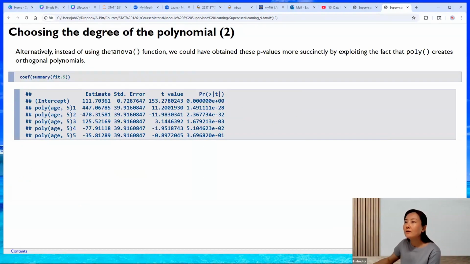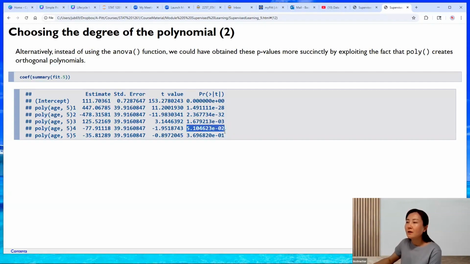And if we don't want to do an ANOVA test, we can also just examine the coefficient table for the last model, because the polynomial terms are actually orthogonal. So each of the t-tests is equivalent to each of the F tests in the ANOVA test, because all of the terms are orthogonal.